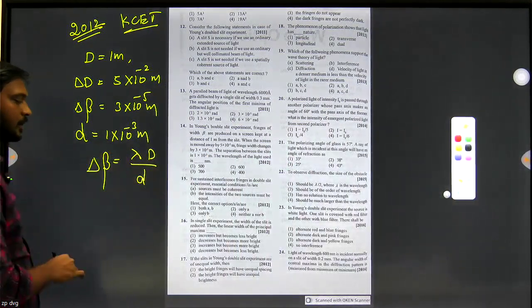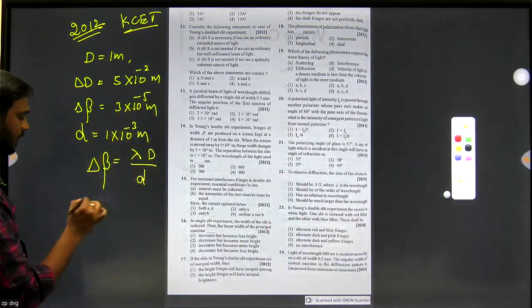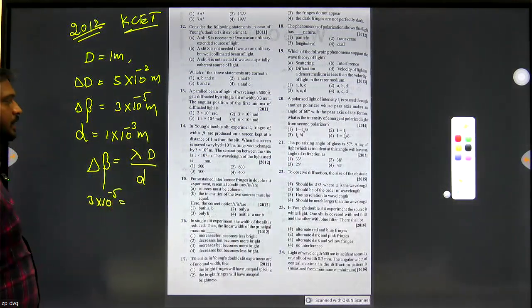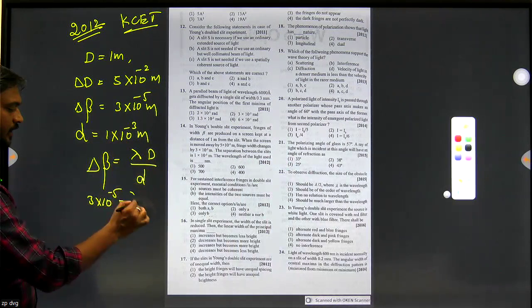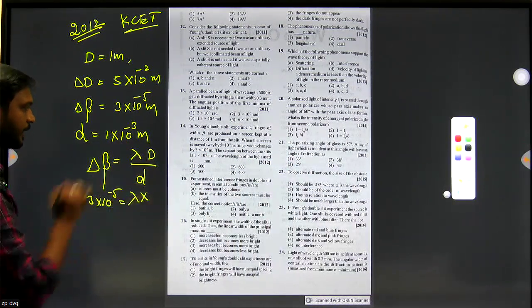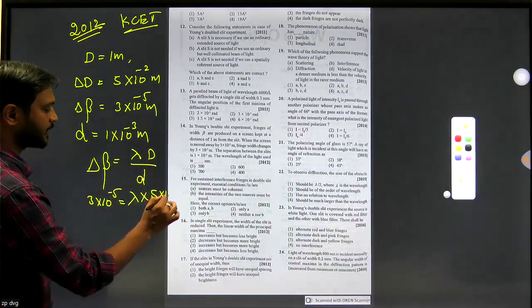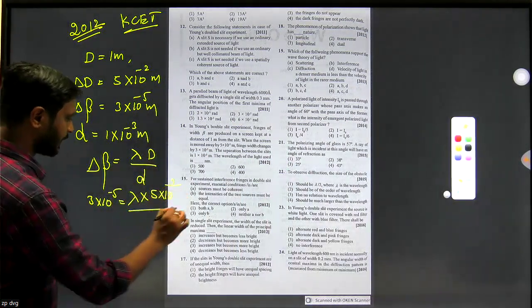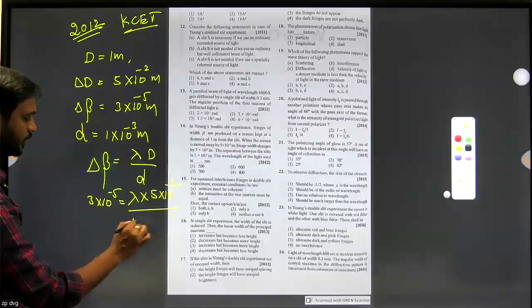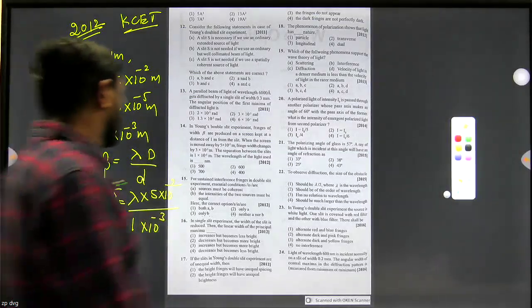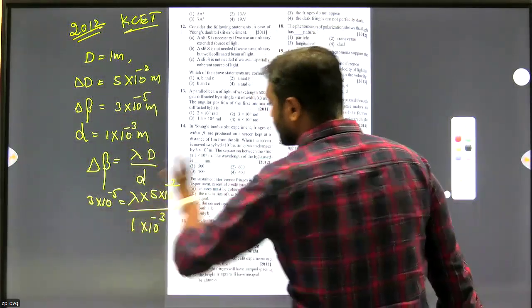You have to calculate lambda. So delta beta is 3 into 10 to the power of minus 5, delta D is 5 into 10 to the power of minus 2, divided by small d, 1 into 10 to the power of minus 3. So I need the value of lambda.